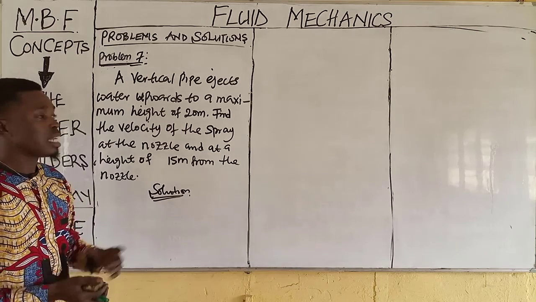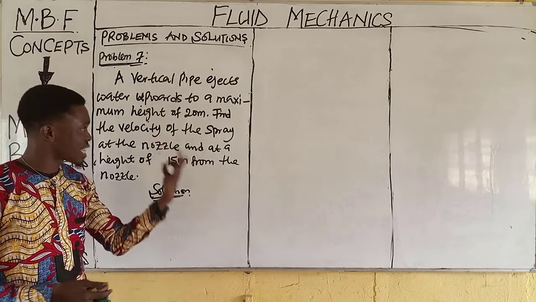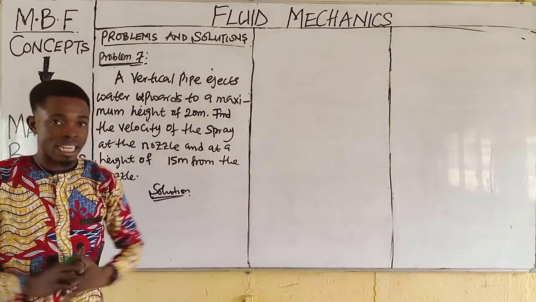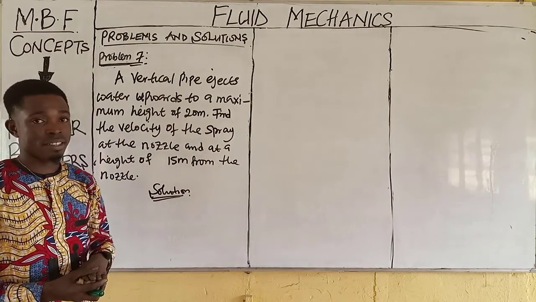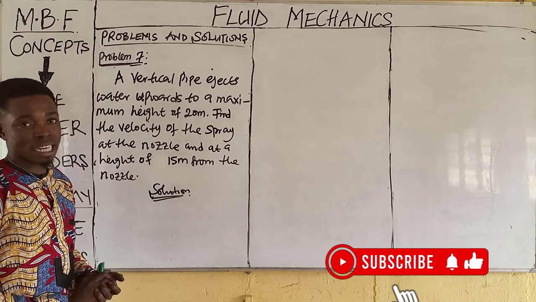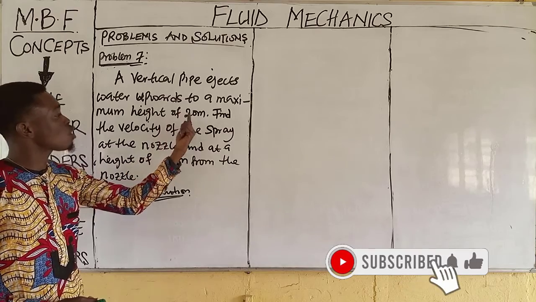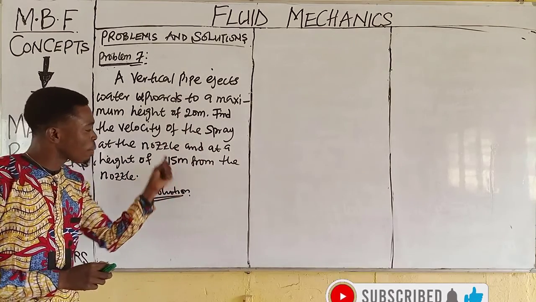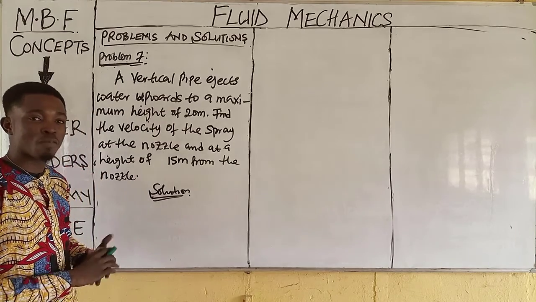Very simple. That is to say the highest height that this water was ejected is 20 meters. So every other height, we have them below 20 meters. So now if at a height of 20 meters we have a particular reading, what would equally be the reading at a height of 50 meters?